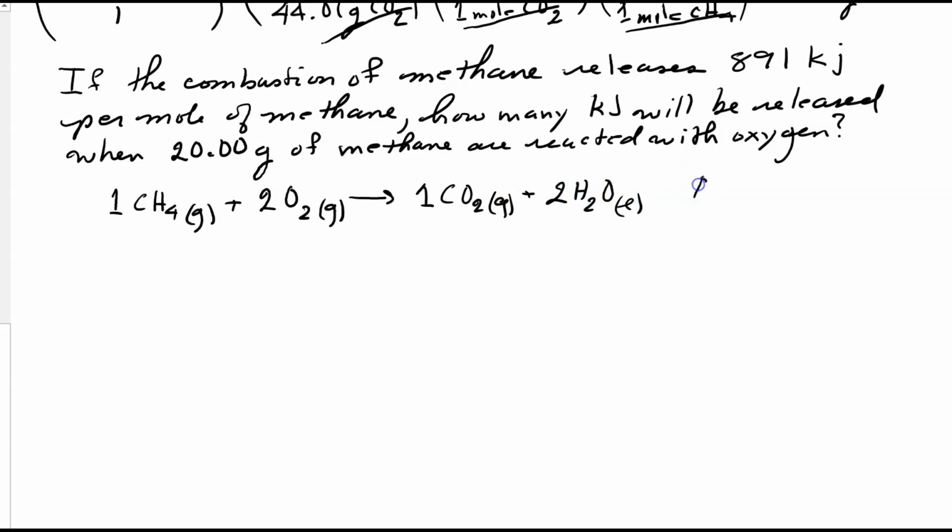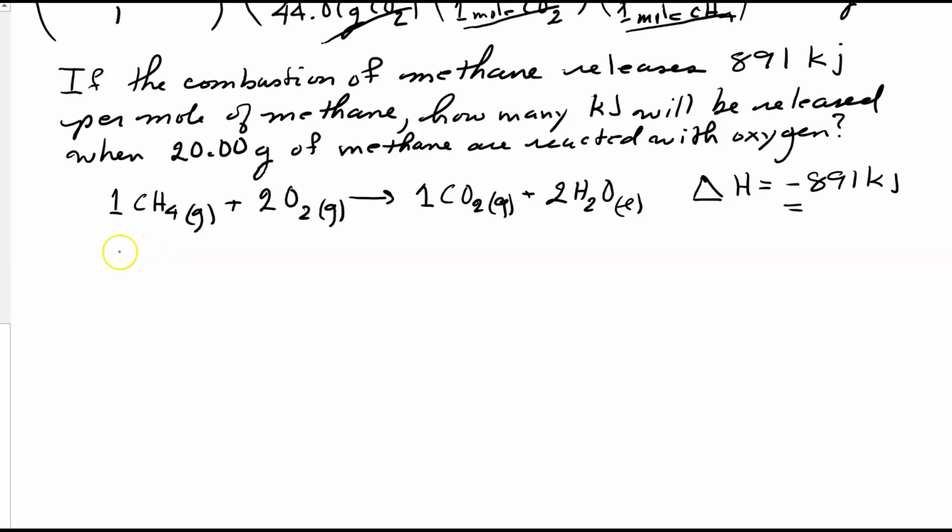And we say in this equation that the delta H, which stands for, in this case, the enthalpy or heat produced in this reaction, is minus 891 kilojoules. What that means is that we have a negative sign, which implies that we have released 891 kilojoules.